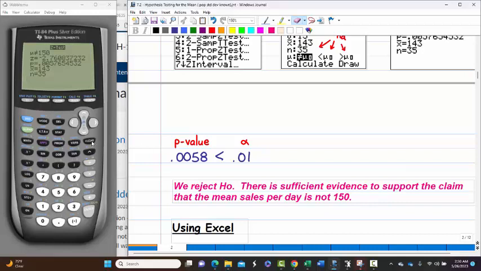Since this one has four decimal places, if I multiply this number by 10,000, and do the same to 0.01, it's now like comparing 58 to 100.